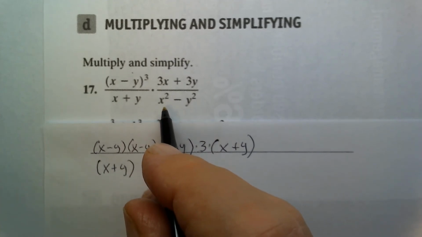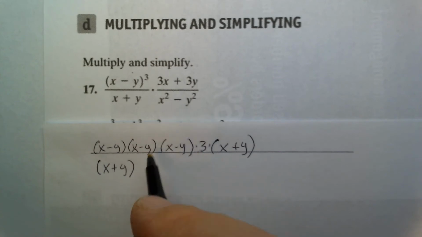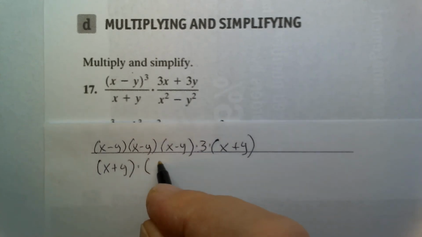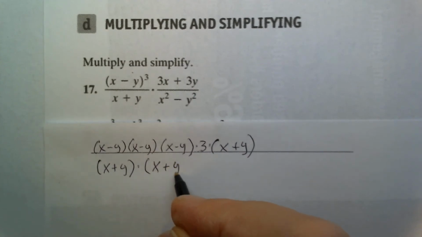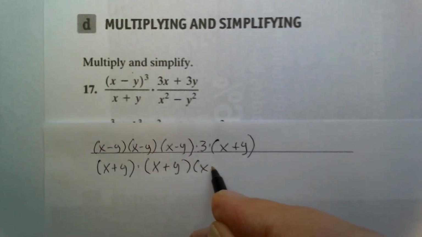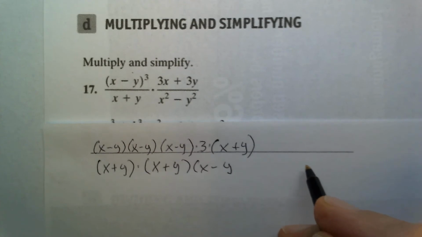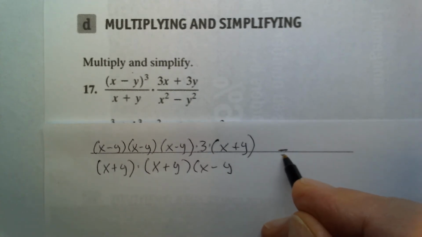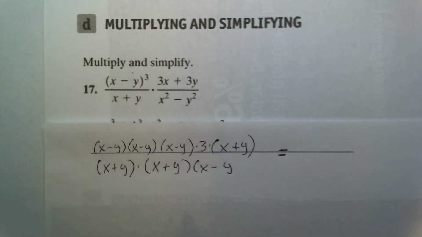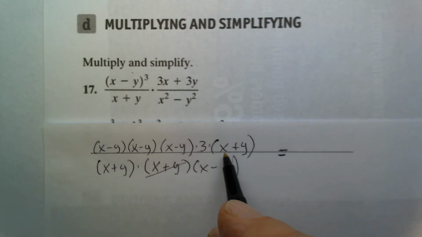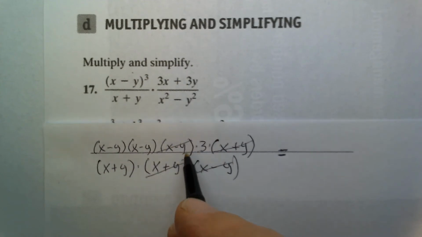And here we have x squared minus y squared, the difference of two squares. And we know that that factors into x plus y times x minus y. I guess I made it a little bit too long here. So now let's see what we can cancel here. We can cancel the x plus y against the x plus y, and the x minus y against the x minus y.